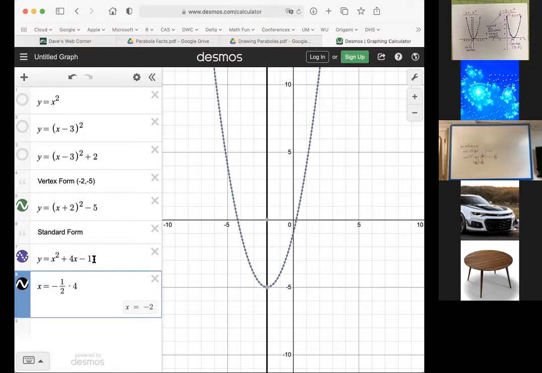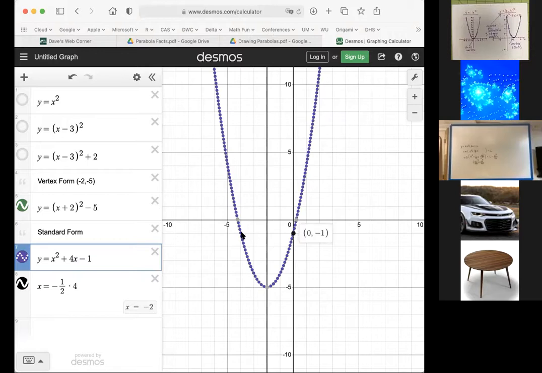And the -1 here stands for something, doesn't it? The -1 stands for the place where this green parabola strikes the y-axis. That's the y-intercept right there at -1. Notice that if I have this point at 0 and -1, on the opposite side, 2 steps to the right, I'm at 1.